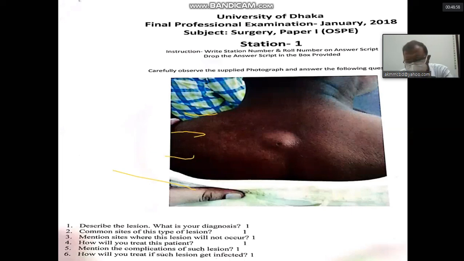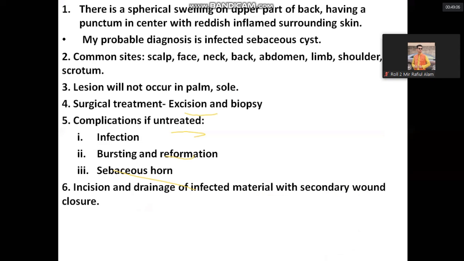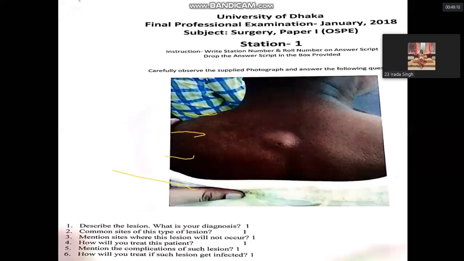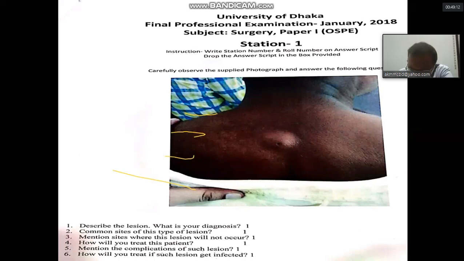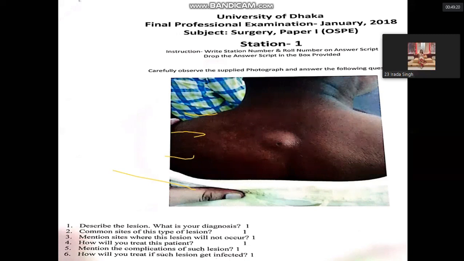Palms and soles. Why? Why not occur in palm and sole? There is no sweat gland or sebaceous gland present there. Okay.